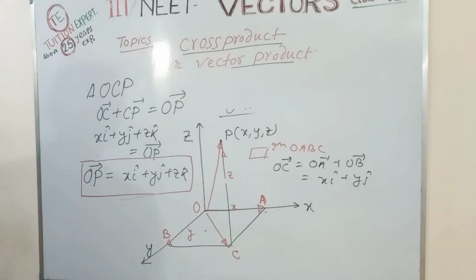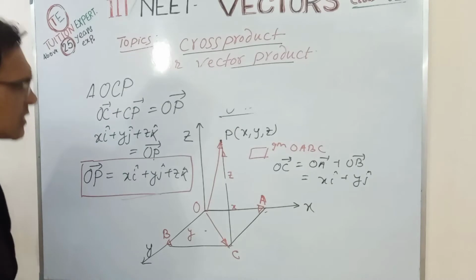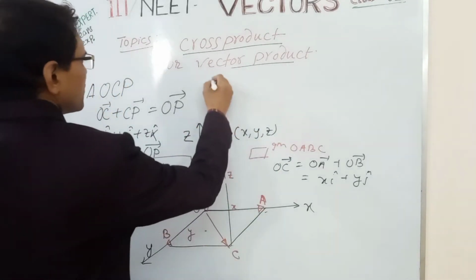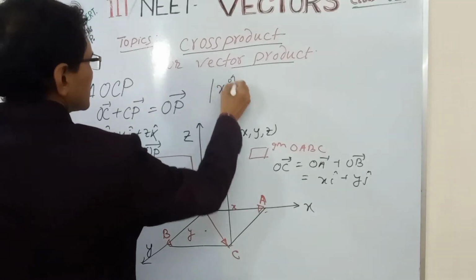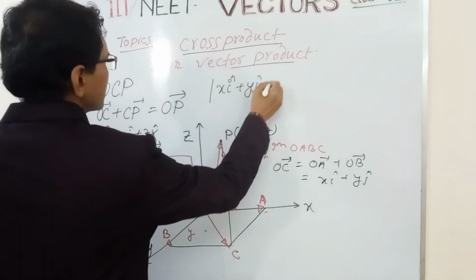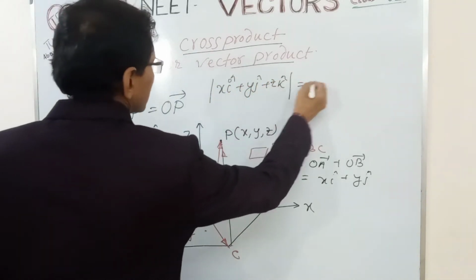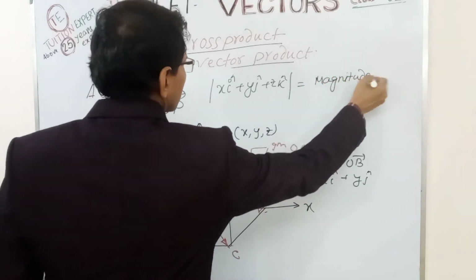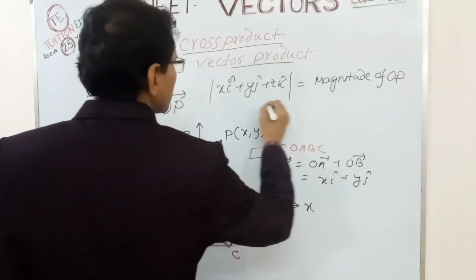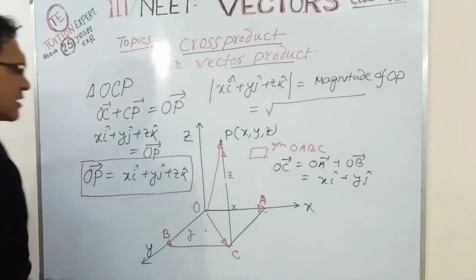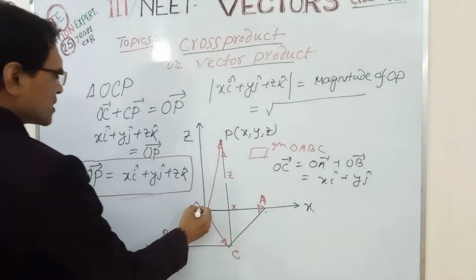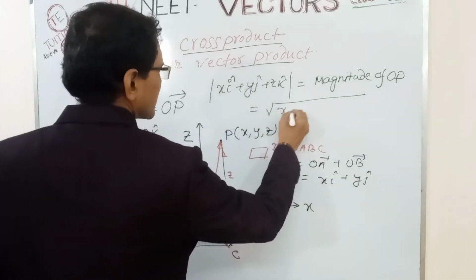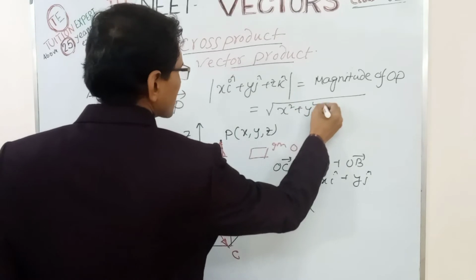Now, what is the magnitude of OP? The magnitude of OP equals the length of the side OP. The origin is 0, 0, 0, and OP equals the root of x square plus y square plus z square.